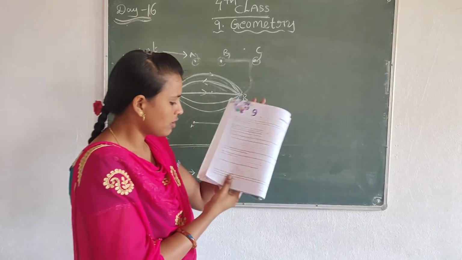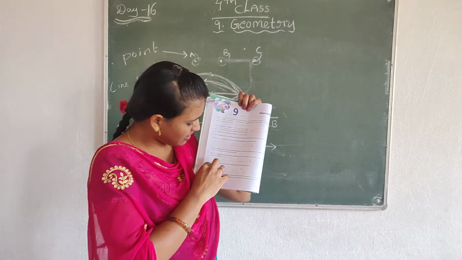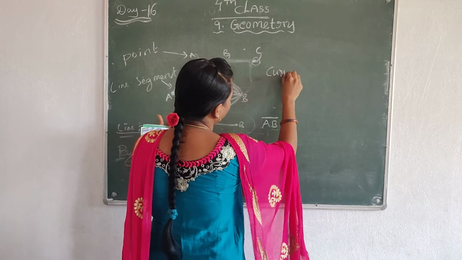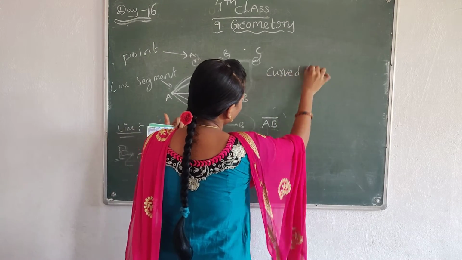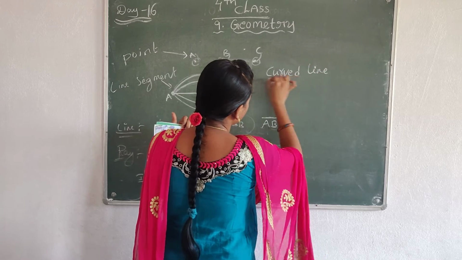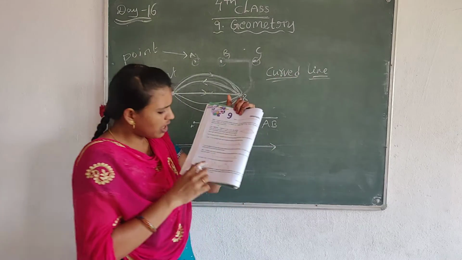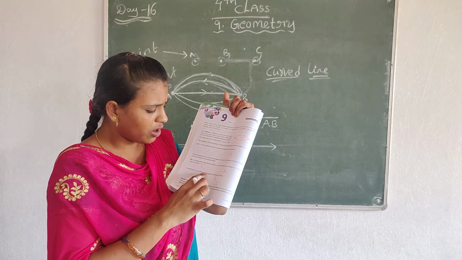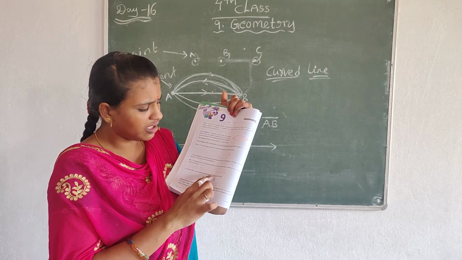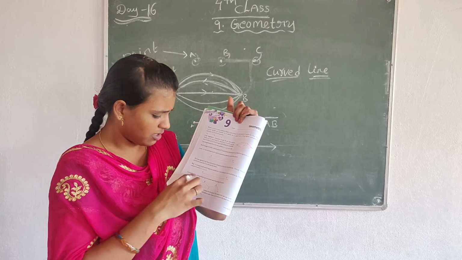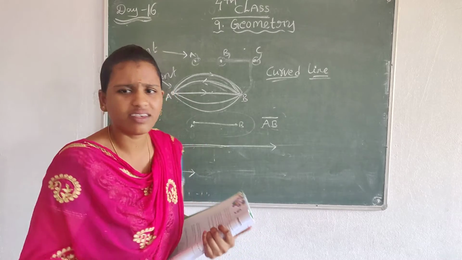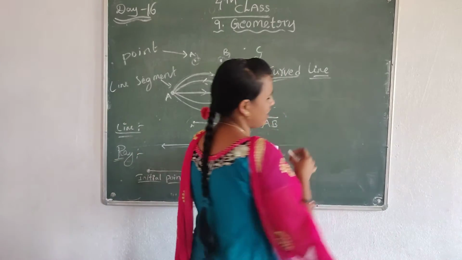Next, see. What is this? Curved line. You all know about curved lines. Curved lines cannot be drawn with the help of a scale, because it's not a straight line.